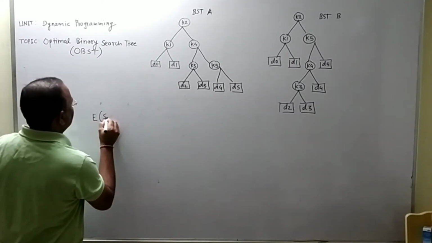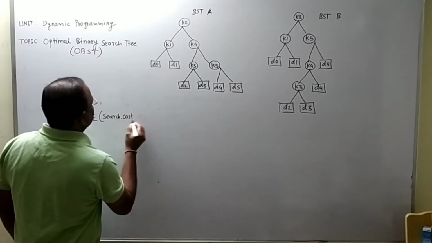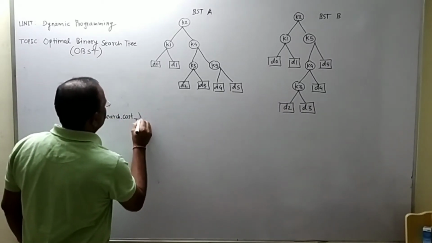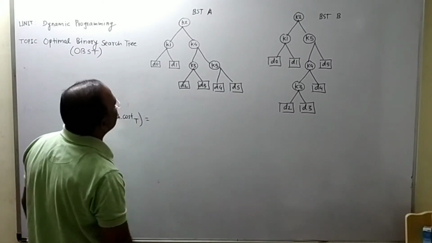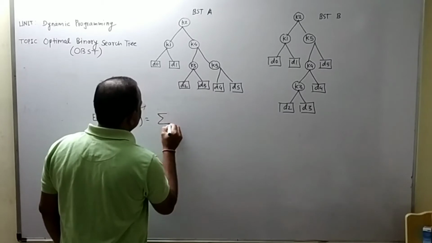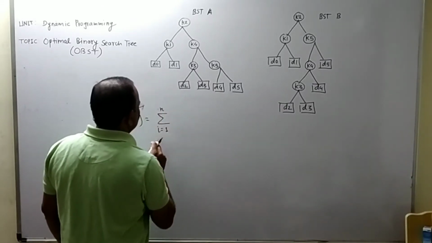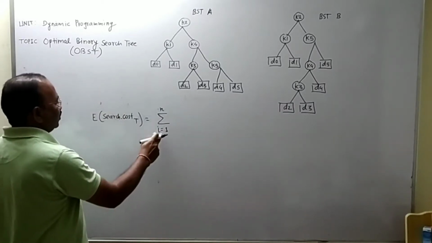Expected search cost T is equal to, so actually there are keys starting from 1 to n. These keys are called the actual keys.